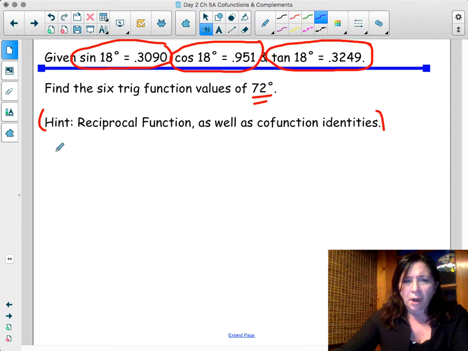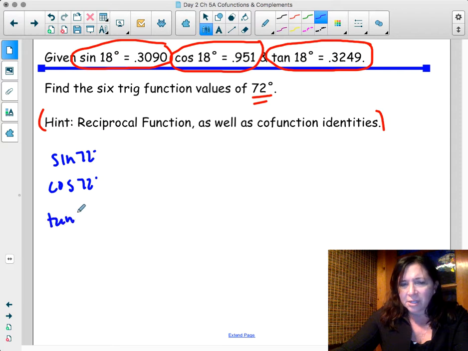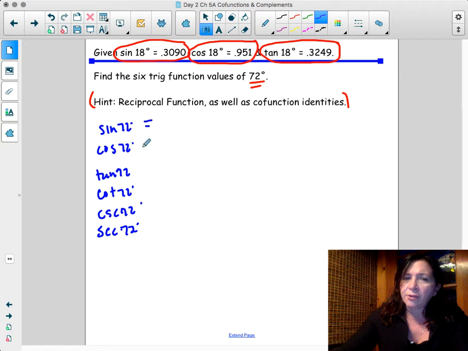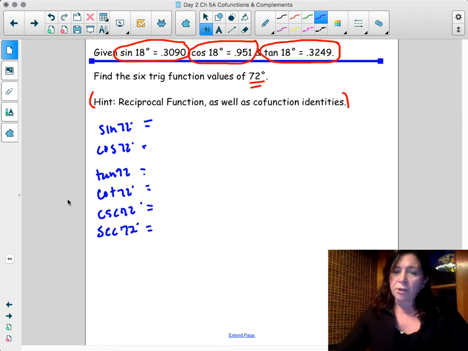You would start off by saying sine of 72 degrees, cosine of 72, tangent of 72, cotangent of 72 degrees, cosecant of 72 degrees, and secant of 72 degrees. So pause the video for a moment and try to write down as many of these as you can, and then restart the video when you're finished.